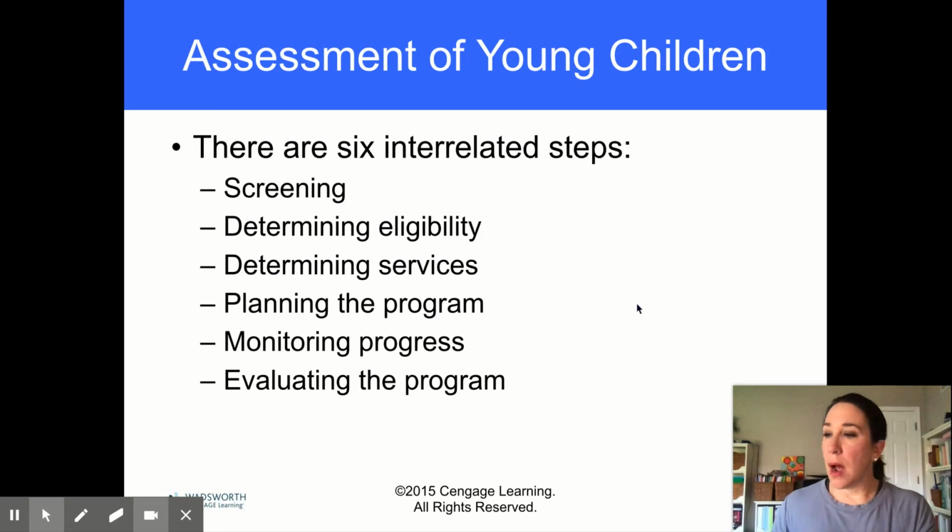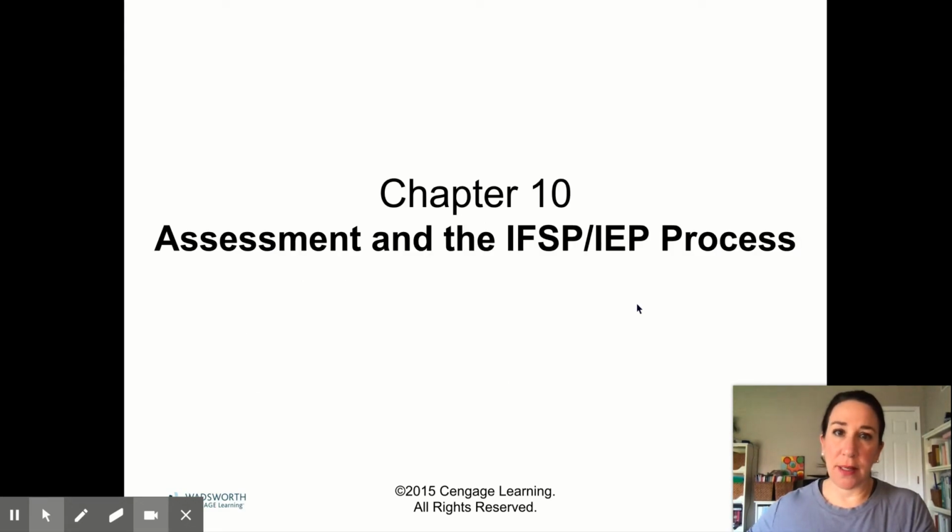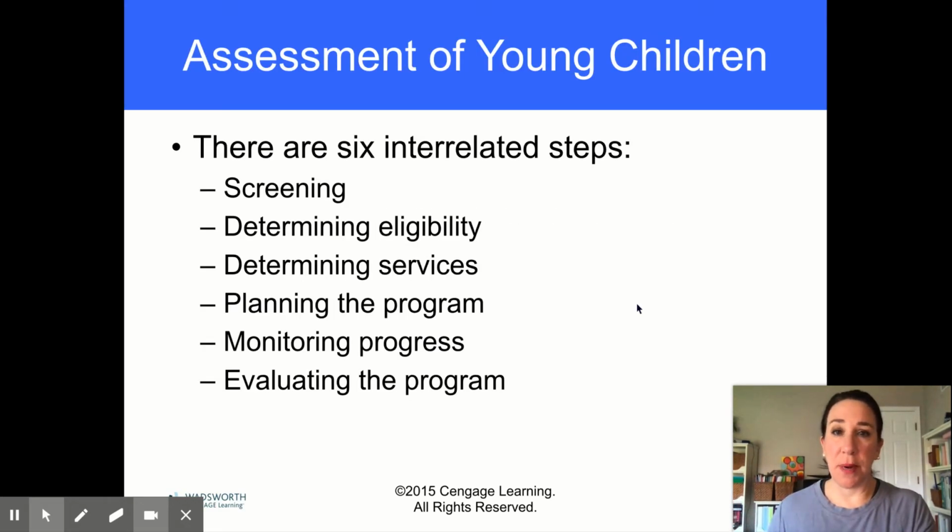So, this chapter is all about assessment and the IEP process. If you remember, IFSP, Individual Family Service Plan for children who are 0 to 3, and then IEP, Individual Education Plan for children who are older than that.